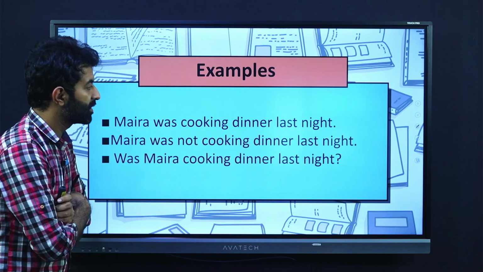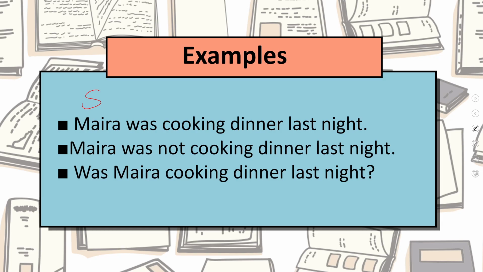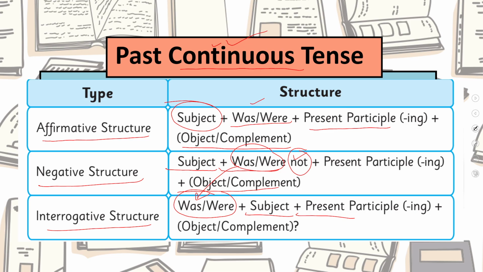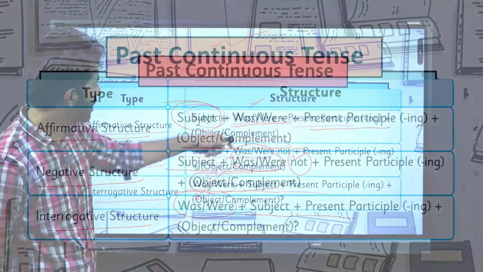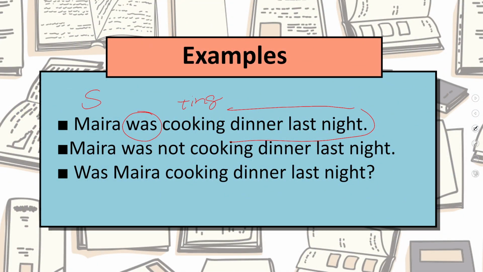Myra was cooking dinner last night. Subject, this is our participle with ing, object and complement. All right, just like we see over here. Subject आएगा, was आएगा. Why not were? Because we are talking about single subject. This is one single pronoun that we have that we are referring to.